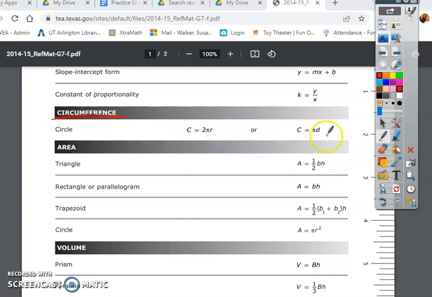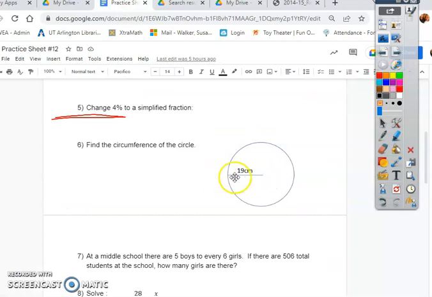C equals 2 pi r or pi d. Let's look. This looks like the radius, right? Y'all need to be in the habit of labeling that. So I'm going to use C equals 2 pi r. So your job is to plug that in to solve for it. Okay?